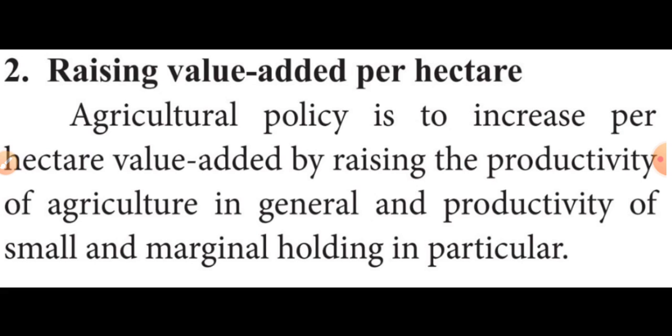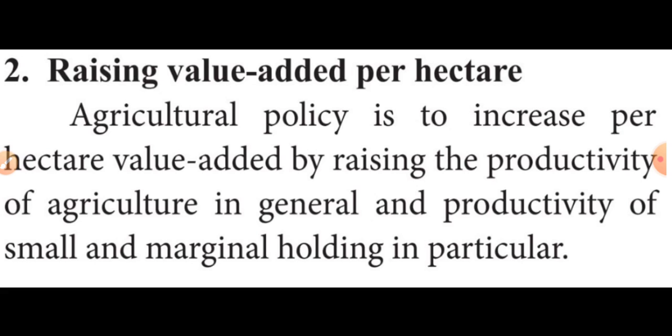Then the third one, very good, is protecting the interest of poor farmers. The agricultural policy protects the interest of poor and marginal farmers. And also it abolishes the intermediaries through land reforms.